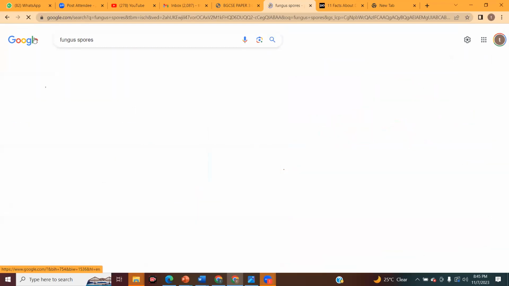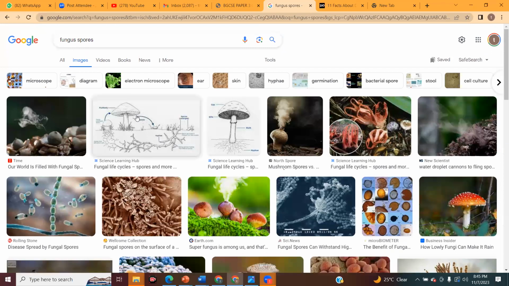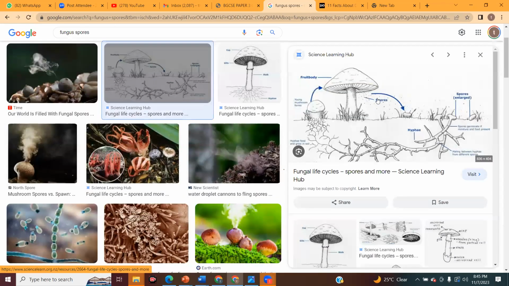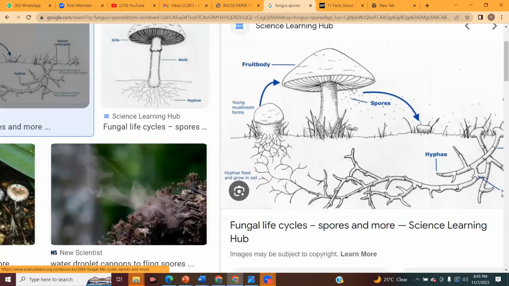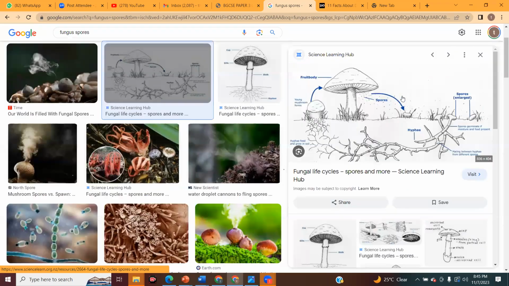If you look carefully, you see the spores coming out of the fungus, and that is there to help it reproduce, so it can produce more and more fungus. That's what we mean by spores.